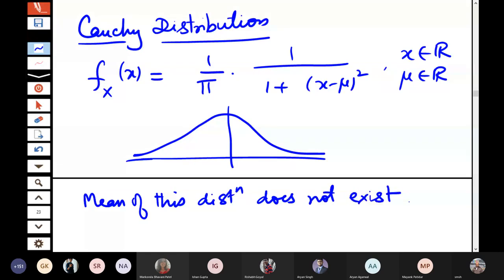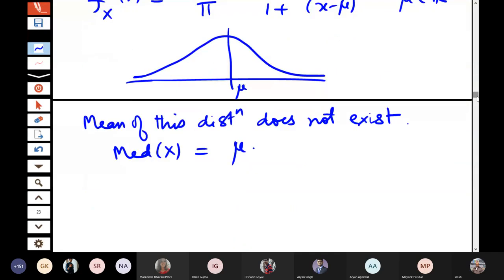It is symmetric about mu, but mu is not the mean, but median is mu. In fact, you can just calculate the CDF here.